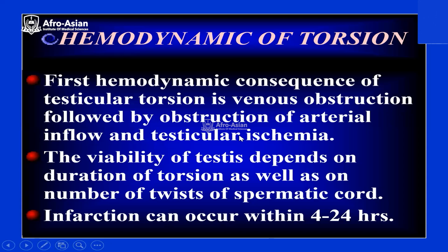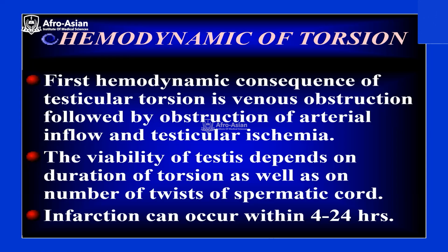Hemodynamics of the torsion: the first hemodynamic consequence of testicular torsion is venous obstruction, followed by obstruction of the arterial inflow, and testicular ischemia. The viability of the testis depends on the duration of torsion as well as the number of twists of the spermatic cord.